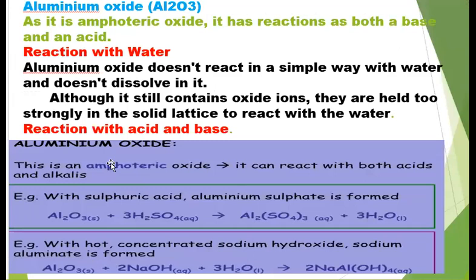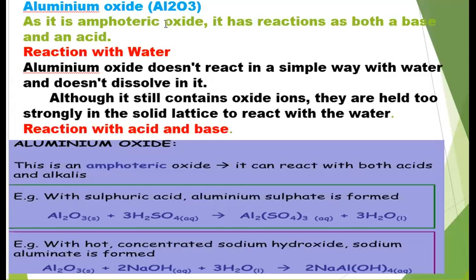Now the third one is aluminium oxide. As I told you at the start of the lecture, as we move from left to right, the basic character of oxides of third period elements decreases. So the first two are basic in nature. Now the third one, aluminium oxide, is an amphoteric oxide.